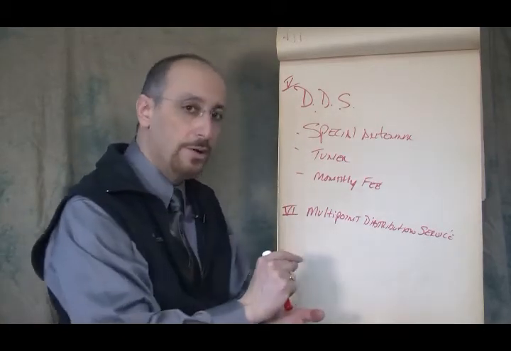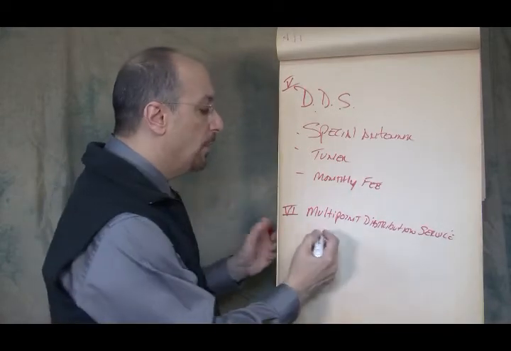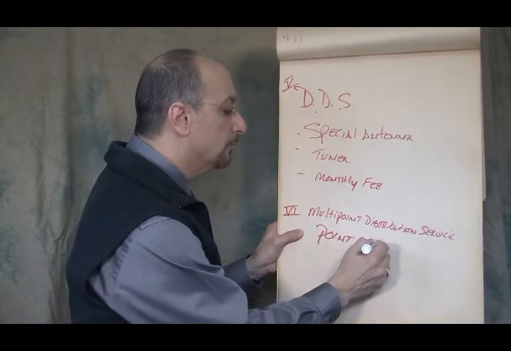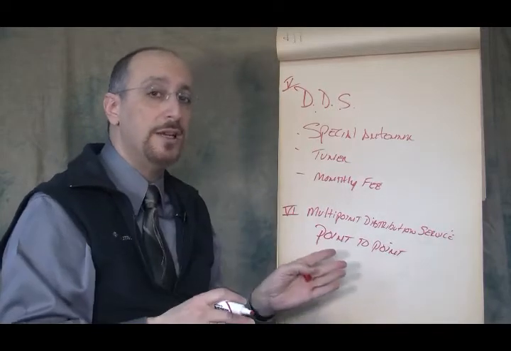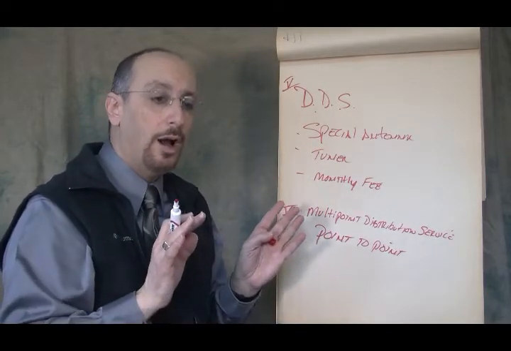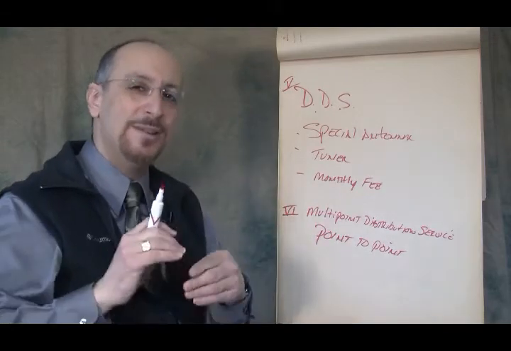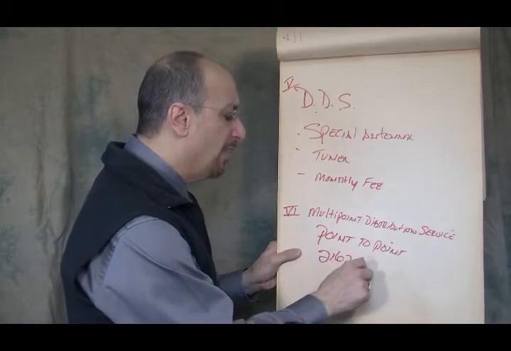Multi-point distribution service uses special frequencies, and it's more like a point-to-point communication. Point-to-point. No one else can receive these signals, only the people that the signals are aimed for. And how they do that is they use certain frequencies. They use a very high frequency, 2162 gigahertz.